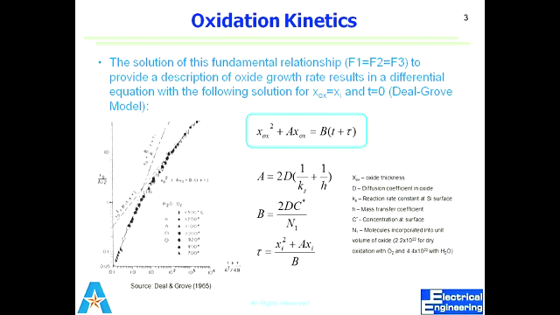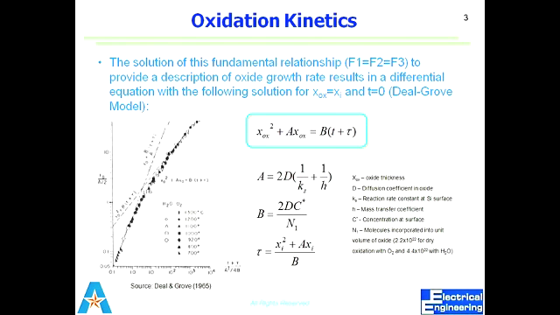That is x square. This x is actually the oxide thickness. Keep in mind that this Deal-Grove method is to model the reaction rate of the thermal oxide layer. The reaction rate means how fast the oxide layer actually develops.